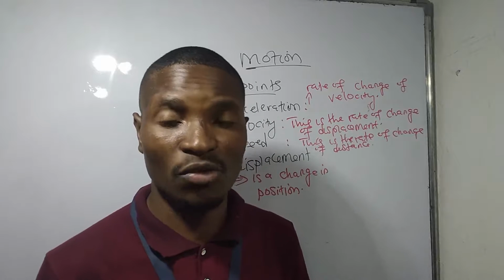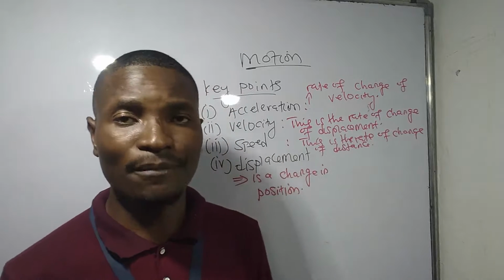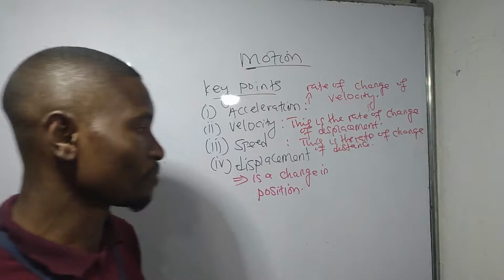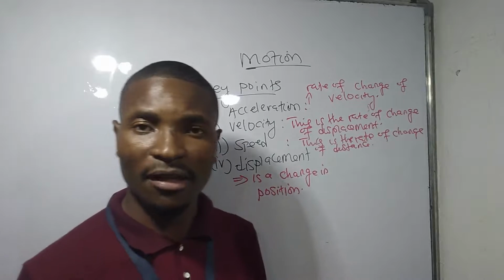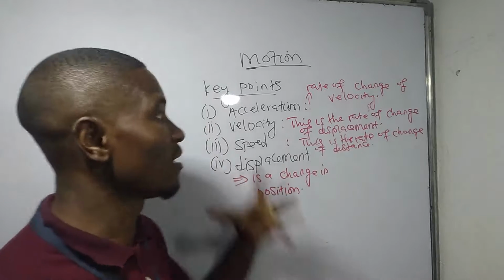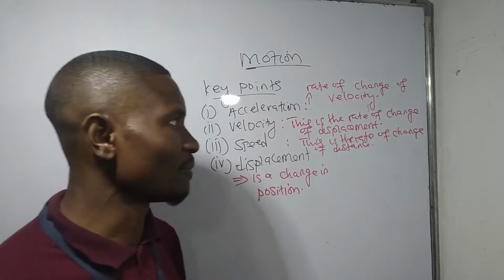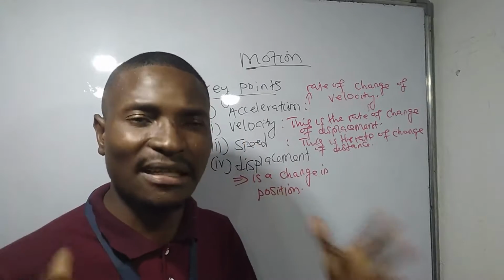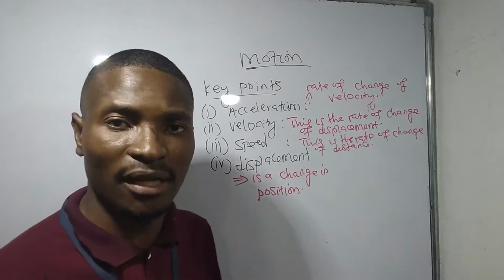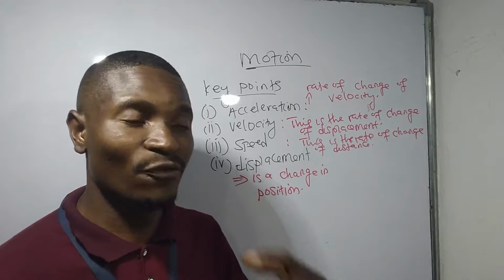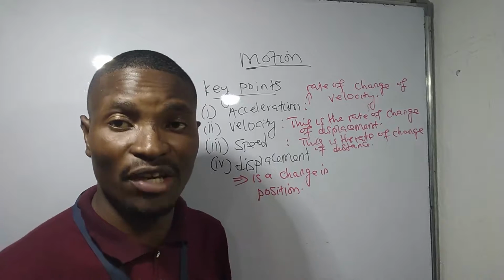So I expect you to understand all these key concepts and be able to define them, as a question may request you to define the following terms and have a deep understanding of what each of those terms means relative to an object under observation.